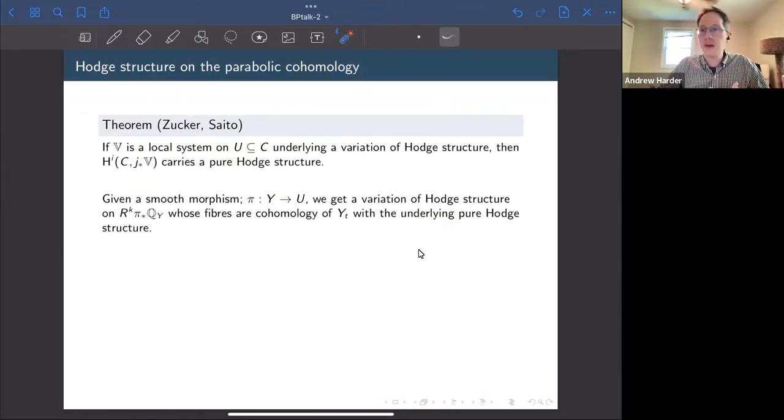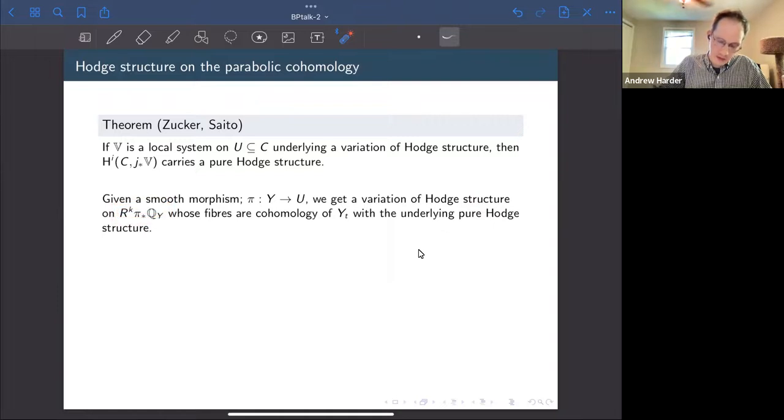The example of variation of Hodge structure that always appears is when I have a smooth projective morphism from a projective variety Y, or quasi-projective variety, to a curve or to some space U. We always get a variation of Hodge structure on the cohomology bundle.